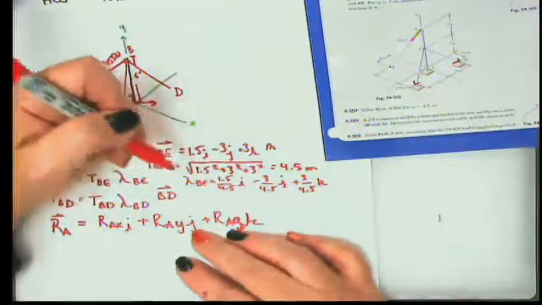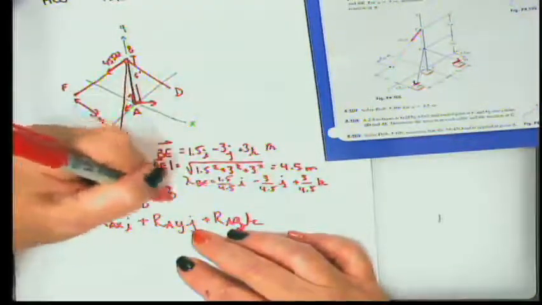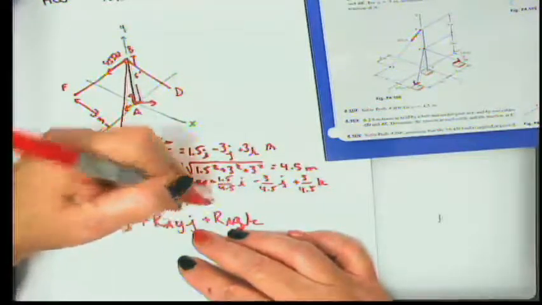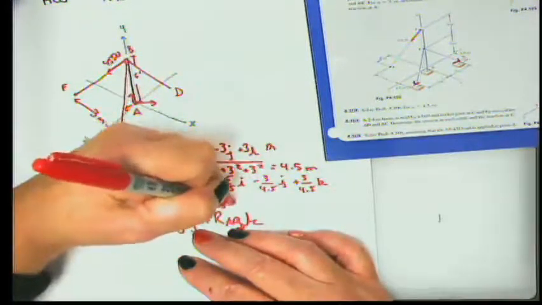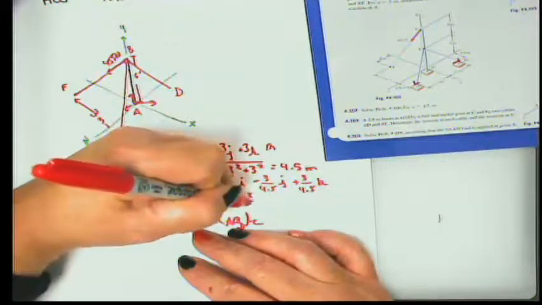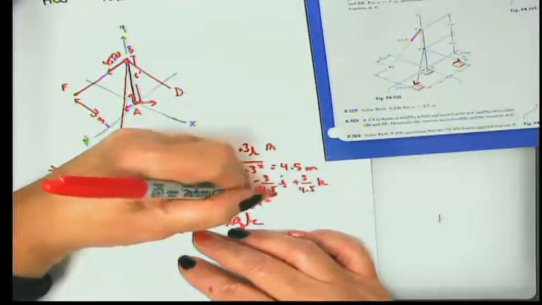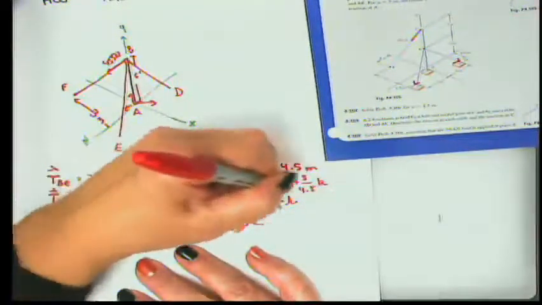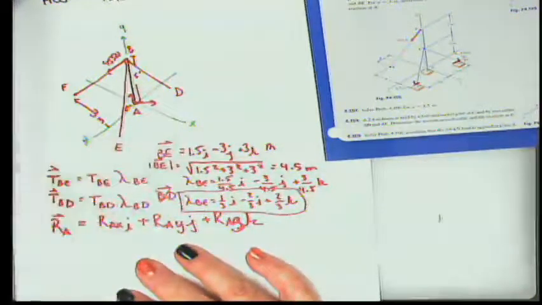So we can simplify that a little bit. I'm going to cross that off and do a little bit down here by saying lambda BE then is equal to 1/3 I minus 2/3 J plus 2/3 K. All right. So we'll be using this when we get into problem solving.